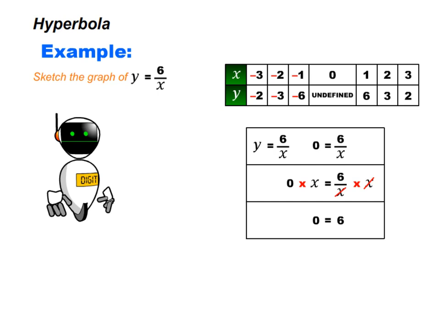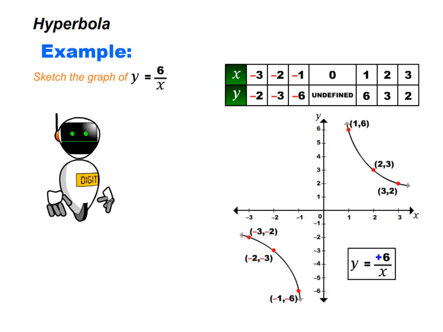Yes, Digit, 0 is not equal to 6. In maths, we write it like this. The fact that we got 0 being equal to 6 means the graph does not have an x-intercept. We were looking for x, so we made y to be equal to 0. For some strange reason, we ended up with x disappearing.